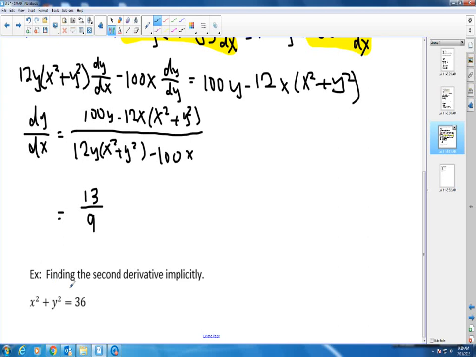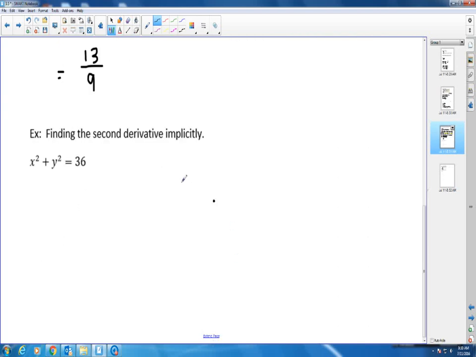Alright, find the second derivative implicitly. So I'm going to take the derivative with respect to x, but I'm going to do it twice. So check this one out. There's a cool technique in the middle of the problem here I'm going to show you.